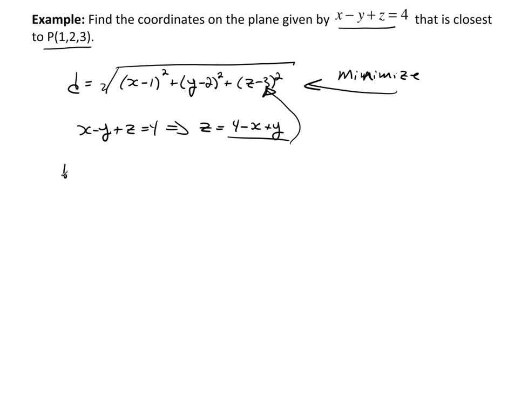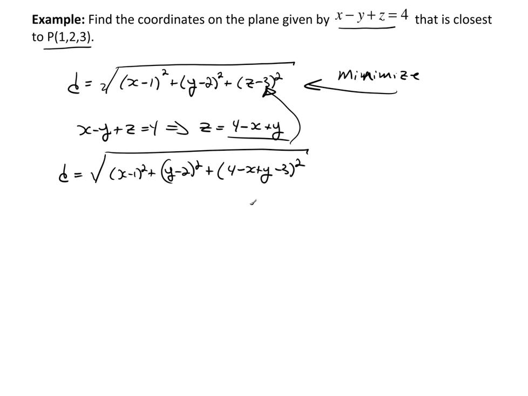So distance is going to be the square root of (x minus 1) squared plus (y minus 2) squared plus (4 minus x plus y minus 3) squared, which I'm going to combine to make it easier to deal with: the square root of (x minus 1) squared plus (y minus 2) squared plus (1 minus x plus y) squared.